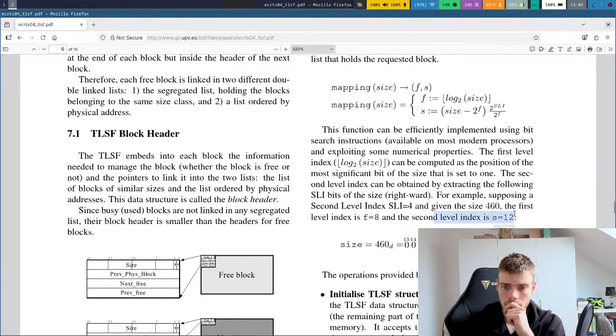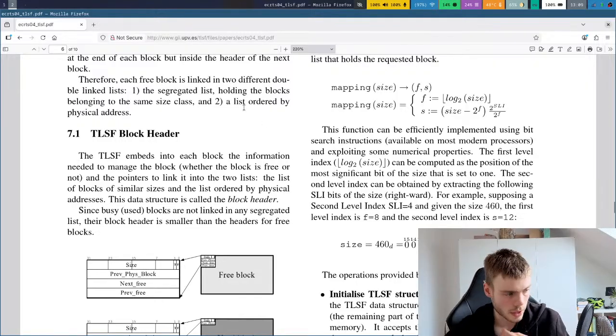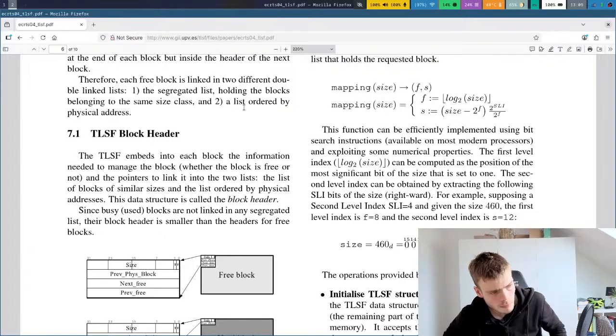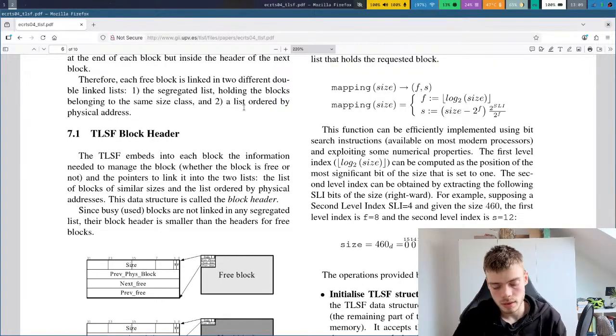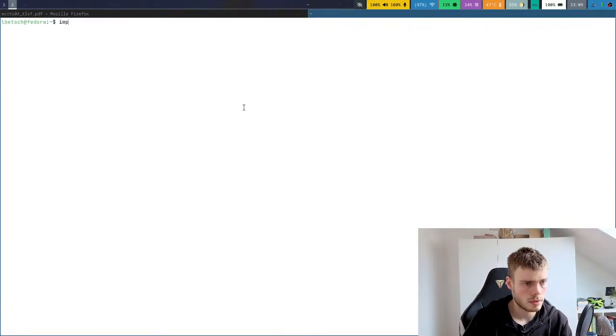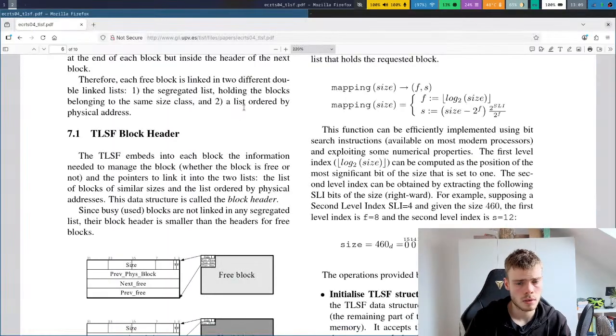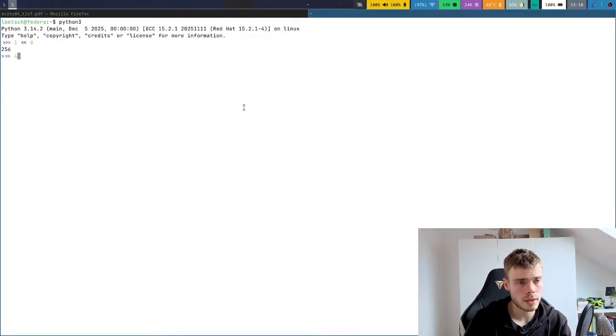And then the second level. Okay, so 8, this is 256, and we have to subtract 256 from that, so 2 to the 8.